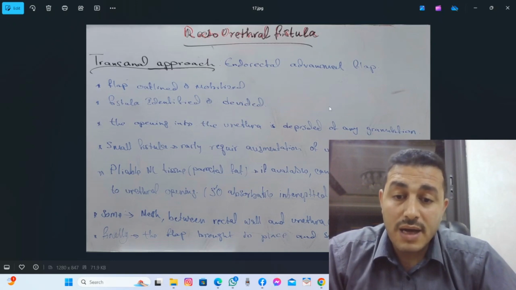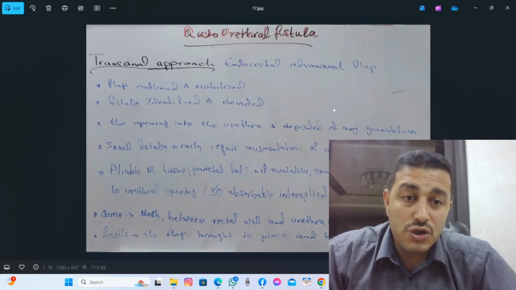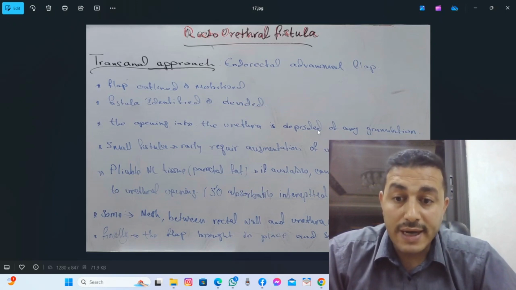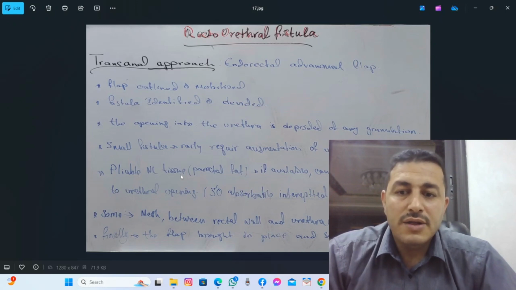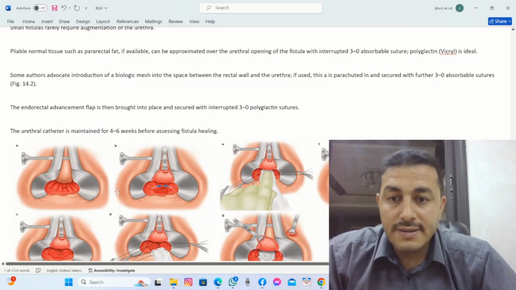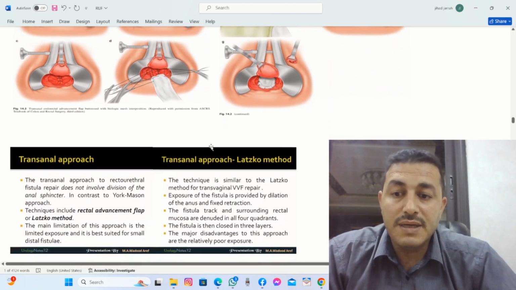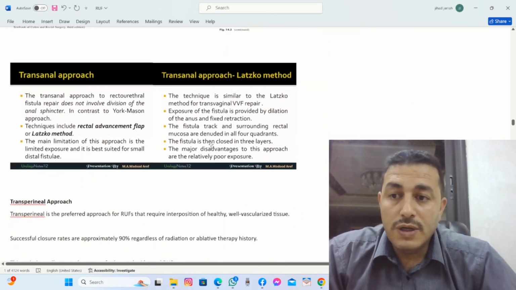What we didn't say is that we need debridement of any granulation tissue of the fistula tract. Mesh is optional. Tissue transposition, this is pararectal fat, is optional. And you see here we closed the defect. This is the simplest approach we have.